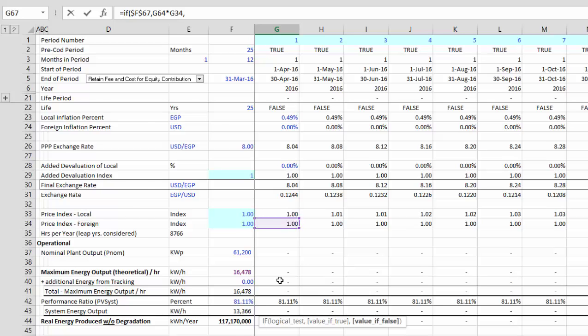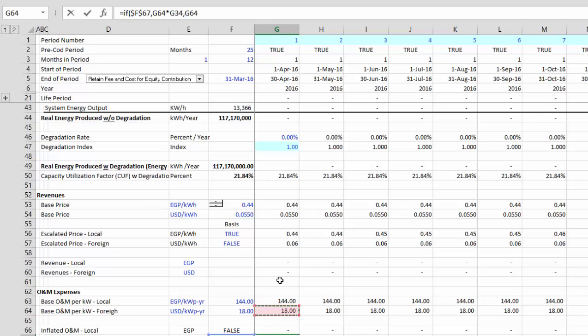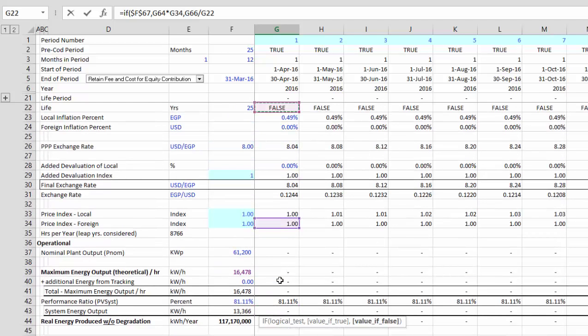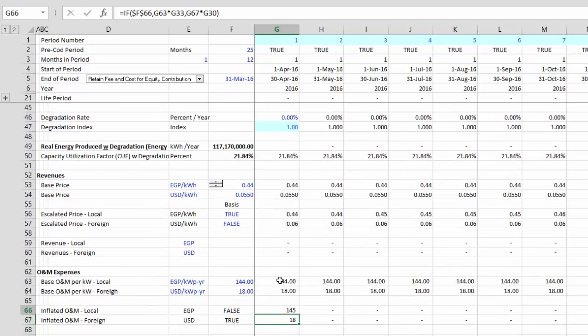Otherwise, we'll go up to the local amount we pay, and we'll divide that by the final exchange rate. Okay, Shift Control 1, perhaps Shift Control R.